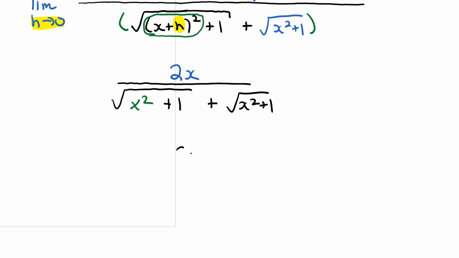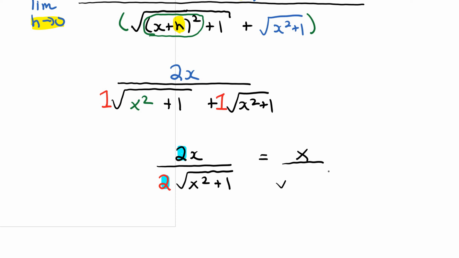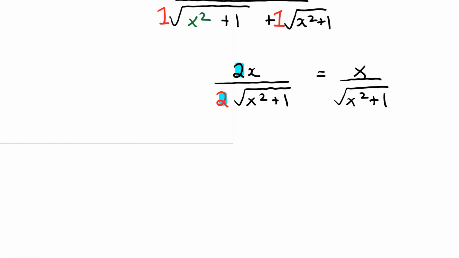Okay, so the denominators pretty much look the same. There's a coefficient of 1 here and a 1 there. So 1 plus 1 is going to be 2 times the square root of x squared plus 1. And then finally I see a 2 and a 2 there. That can cancel off, and that gives you x all over the square root of x squared plus 1. Okay, so that concludes this homework video guide.